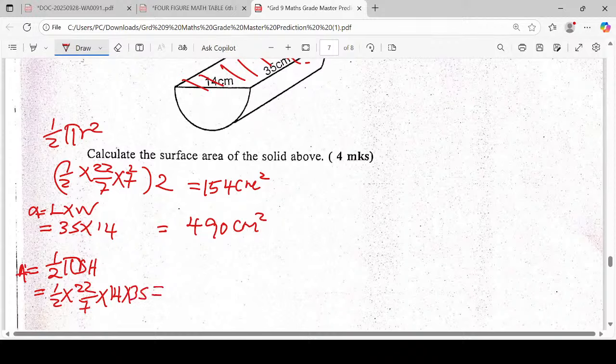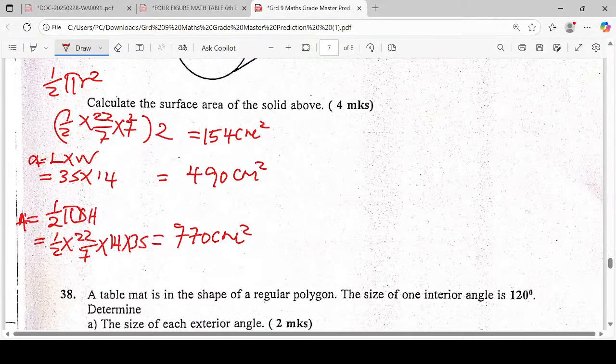When you multiply that using your calculator, that is 770 square centimeters.